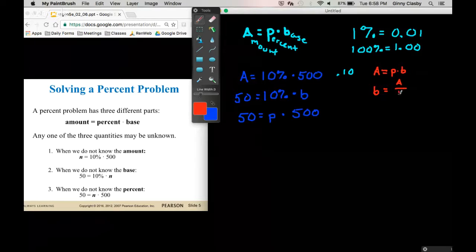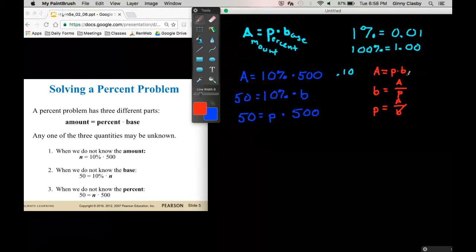So if you're looking for your base, your formula would be base equals your amount divided by your percent. If you need to solve for percent, to get the P by itself, you divide by your base.